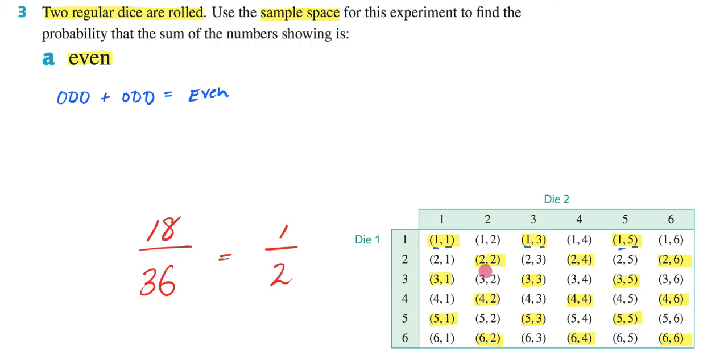When I look at my second row, you can see that I have 2, 2, 2, 4, 2, 6. So there I have 2 even numbers that I'm adding together, and when I add 2 even numbers together, I get an even result. And you can see here 3, 1, 3, 3, 3, 5, that's odd, odd. 4, 2, 4, 4, 4, 6, that's even, even.